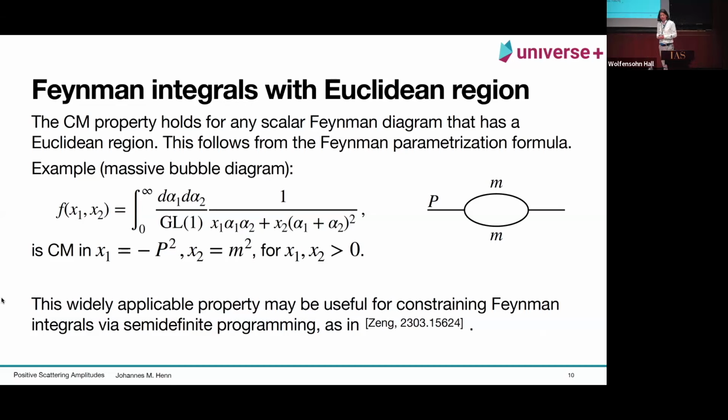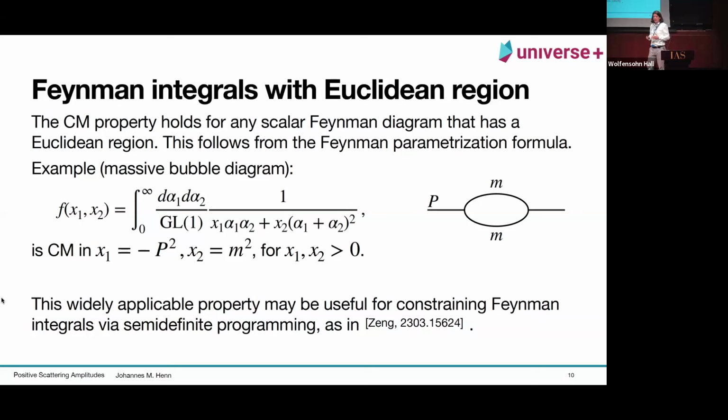That was the requirement of having a Euclidean region. And also it's linear in the kinematic variables. So again, just as with the previous example, we can see by differentiation that we'll just get some minus signs times some positive function. And therefore, this is CM, again, for any positive value of x1 and x2.